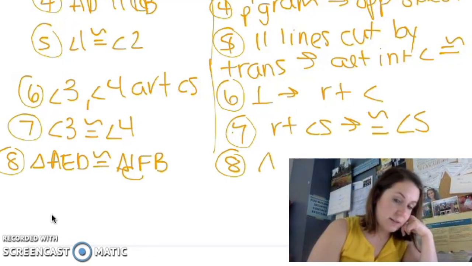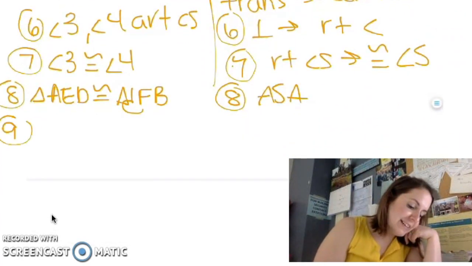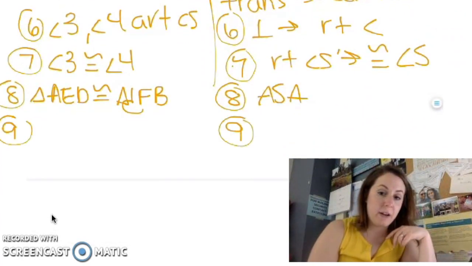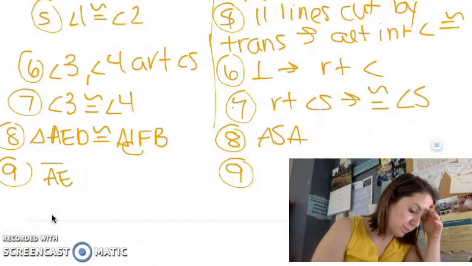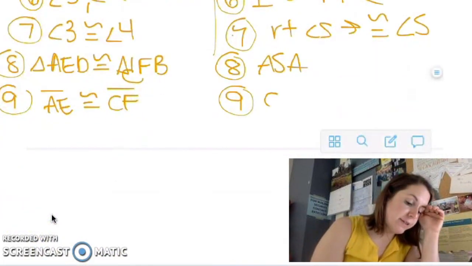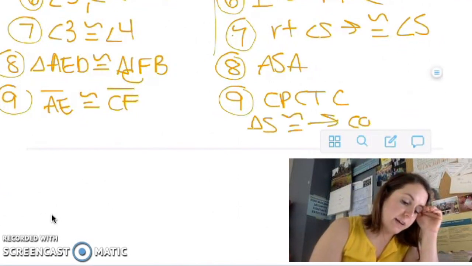That was my classroom light going out. And then that lets me say the last step, which is that those are corresponding parts. So AE is congruent to CF because either CPCTC or triangles congruent implies corresponding segments congruent.